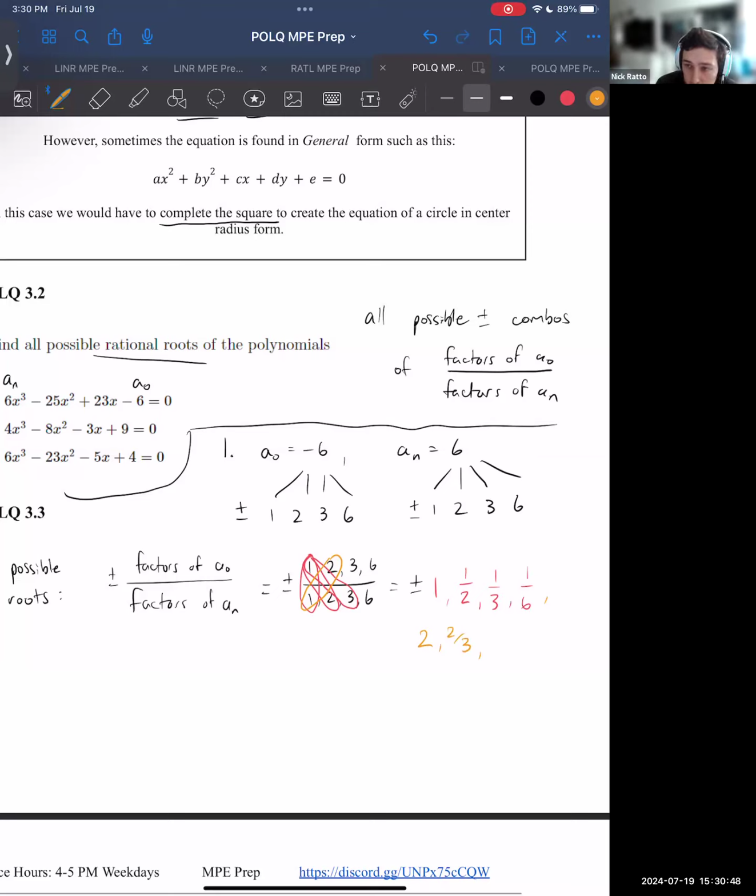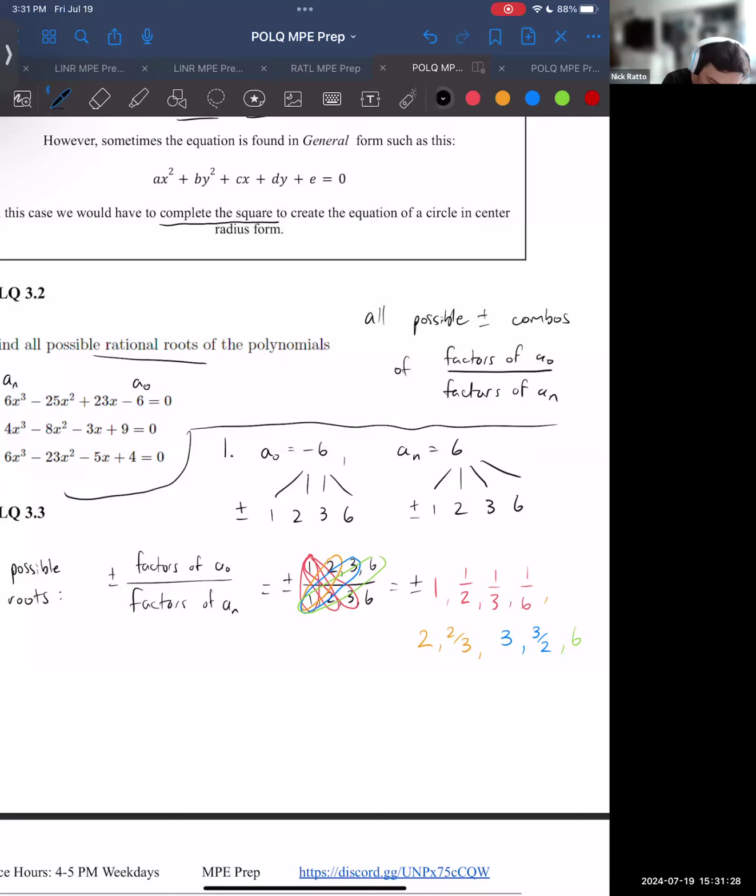And then 2/6 simplifies to 1/3, which we already have. 3/1 gives us 3. 3/2 gives us 3/2. 3/3 gives us 1, which we already have. 3/6 gives us 1/2, which we already have. And then finally, 6/1 gives us 6. 6/2 gives us 3. 6/3 gives us 2. 6/6 gives us 1.